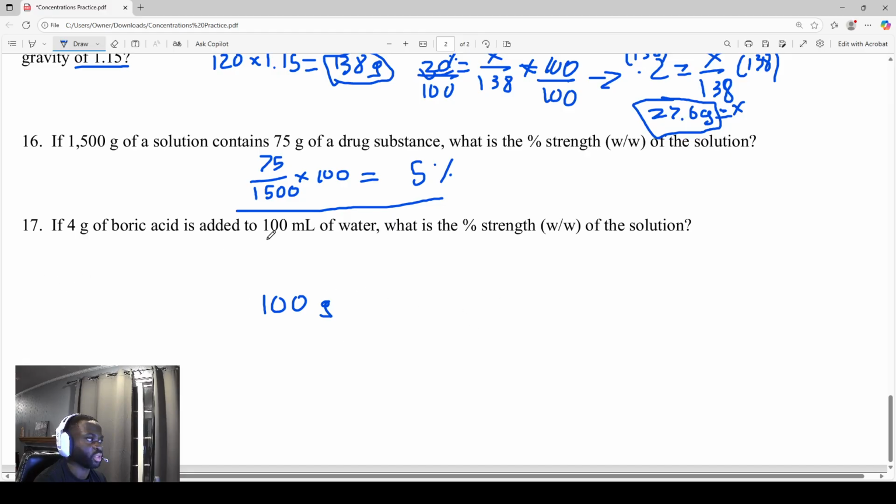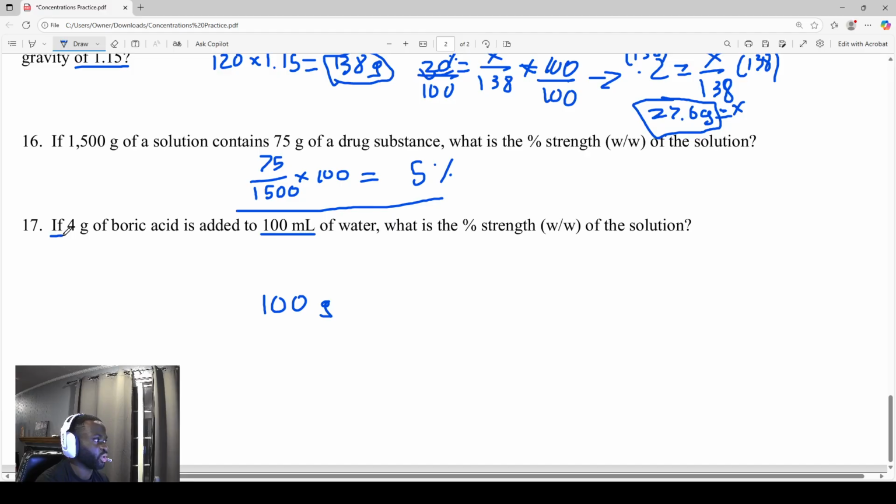Because to convert this into grams would be to multiply it by the specific density, but if the specific density is 1, it's going to remain 100.